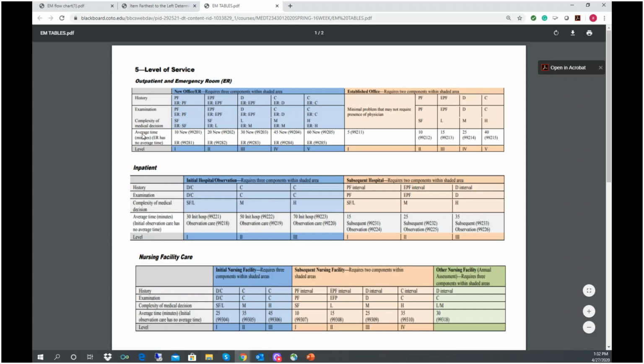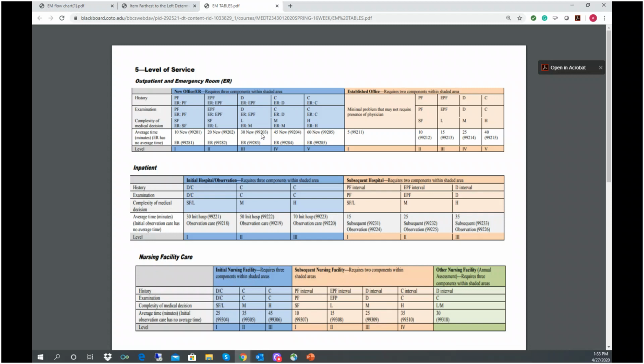And under that, that's the average time they would give you the visit. So again, we need 3. So you could do comprehensive, you could do detailed, you could do moderate, and we would need 3 out of 3 because we have detailed in the examination.